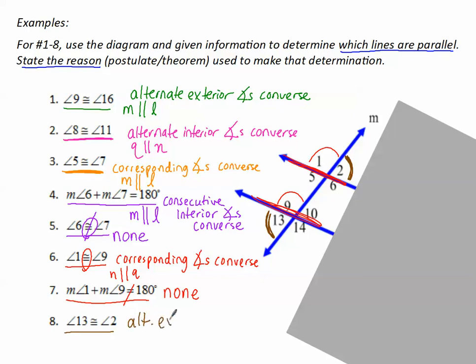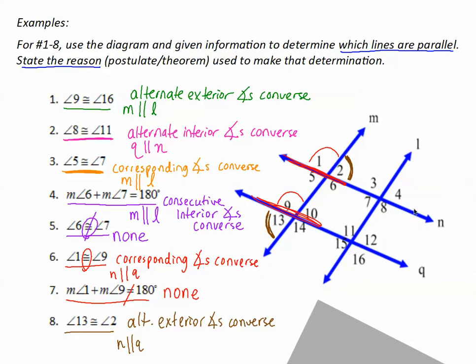So by the alternate exterior angles converse, I can say again that N is parallel with Q. Where's N and Q? Those two lines that we had left in the picture when I covered up this line, because 13 and 2 are only involved in this side of the picture.